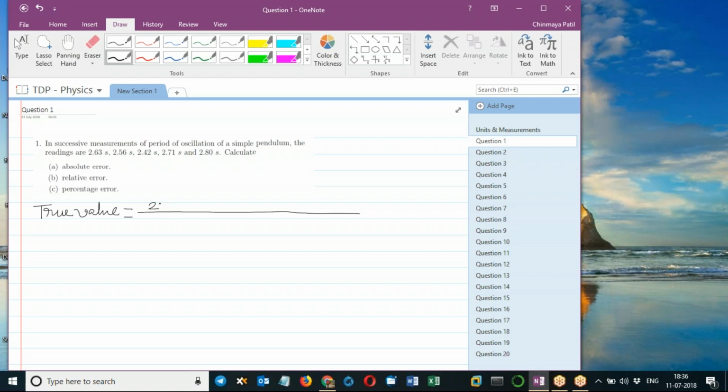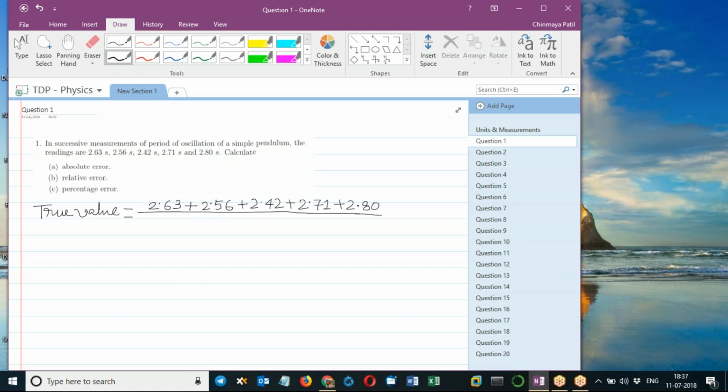So it has to be 2.63 plus 2.56 plus 2.42 plus 2.71 plus 2.80, divided by how many experiments there are.